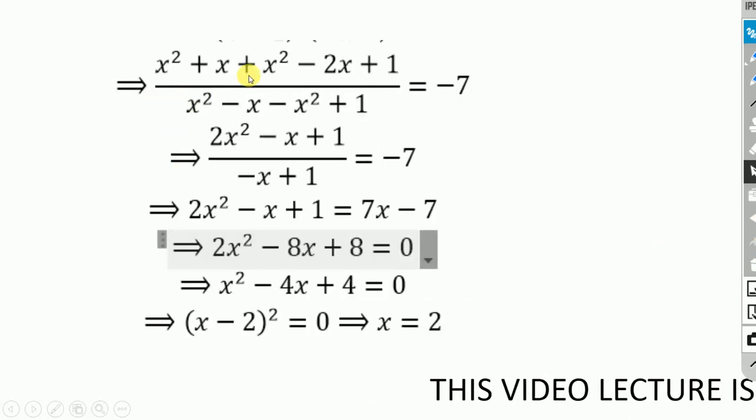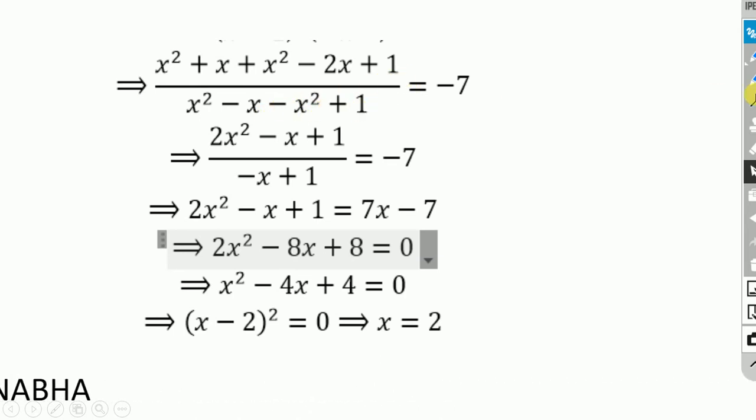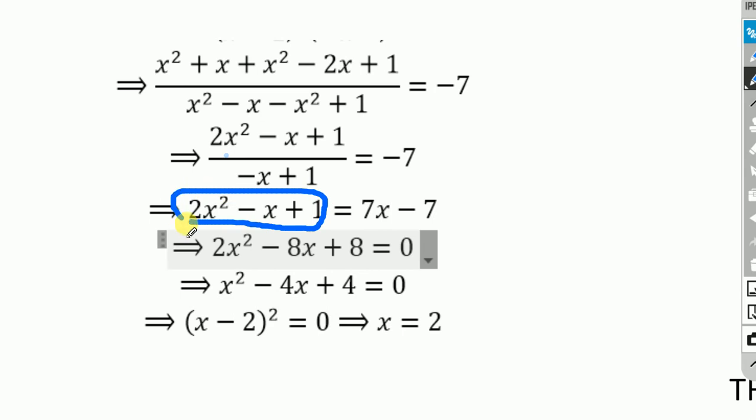That is x square plus x square minus 2x plus 1 by x square minus x square plus 1. Here x square is eliminated. I am left with 1 minus x, and x square plus x square is 2x square here. x minus 2x is minus x plus 1, which is equal to minus 7. So that is 2x square minus x plus 1, that is numerator here, which is equal to minus 7 into minus x is plus 7x minus 7.